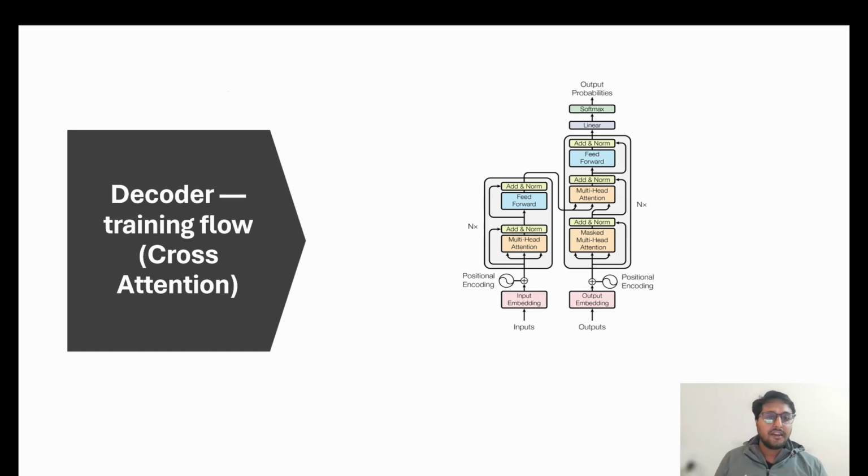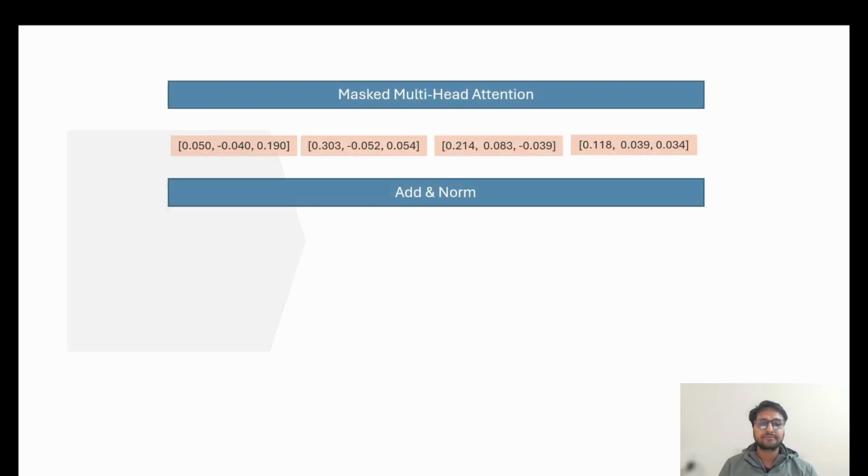Now let me tell you where the cross attention is in this architecture. Cross attention is present at this place. You can see there is a difference between cross attention and the other attentions, masked attention and normal self attention. In normal self attention, three arrows go into the box, and in masked self attention there is a single line.